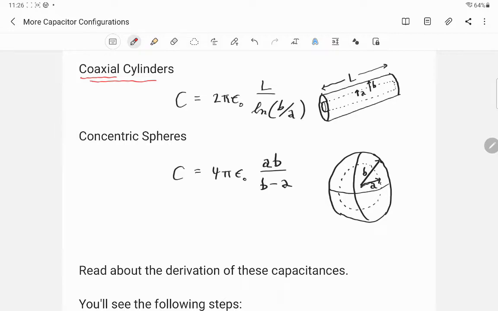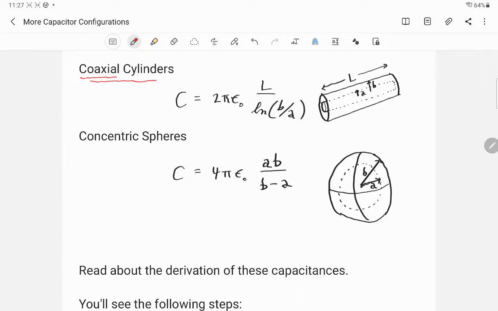So I've got an outer conductor, which has a radius called B, and an inner conductor, which is a separate conductor, right? Insulated from the outer conductor is an inner conductor of a smaller radius A. So B is bigger than A. But more than that, on this pair of conductors, each has the same length.